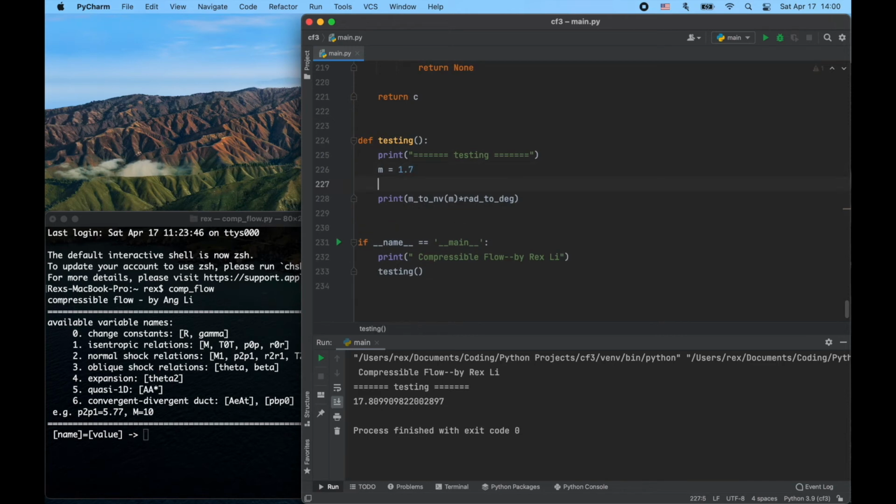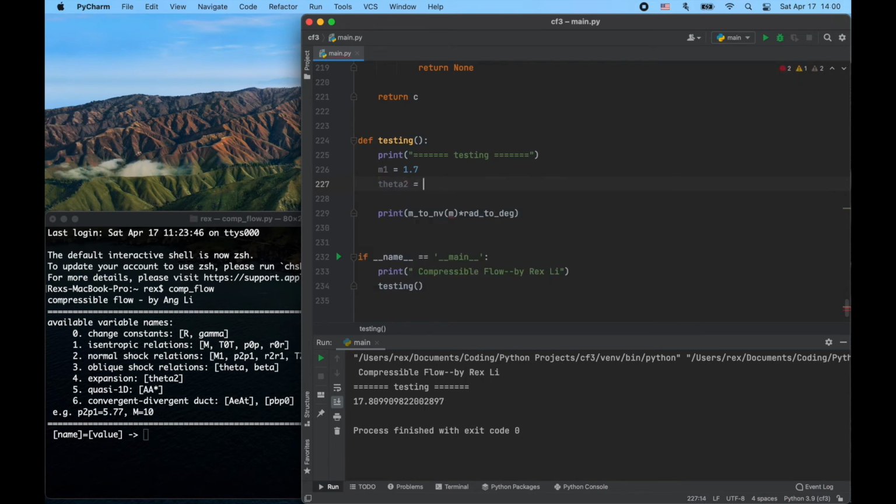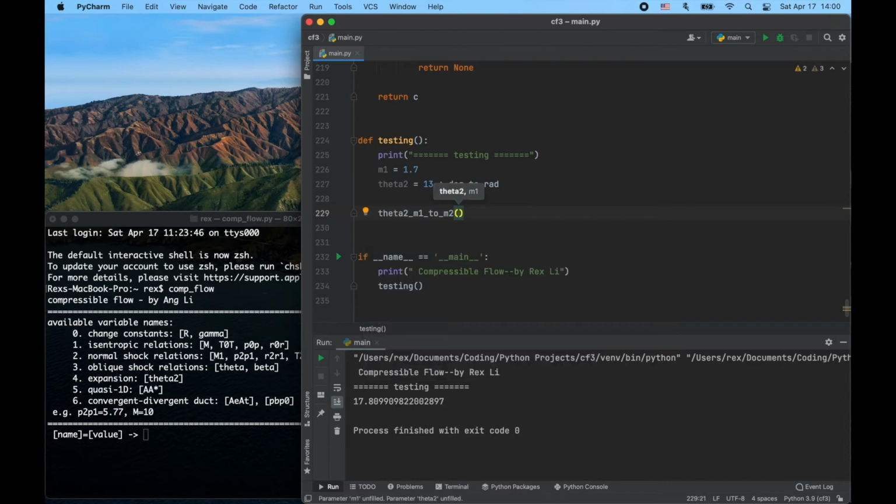So M1 equals 1.7, and theta 2 can be, say, 13 degrees. We have theta 2, we have M1. Let's test it.